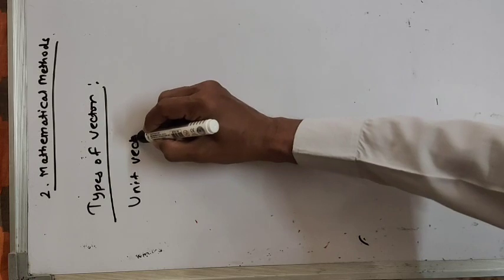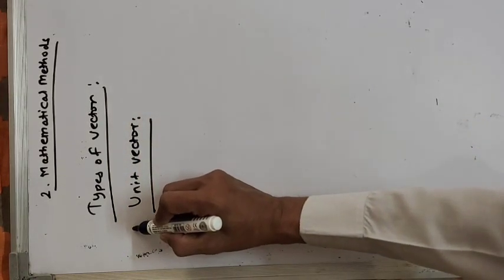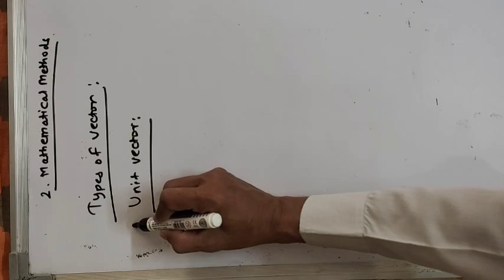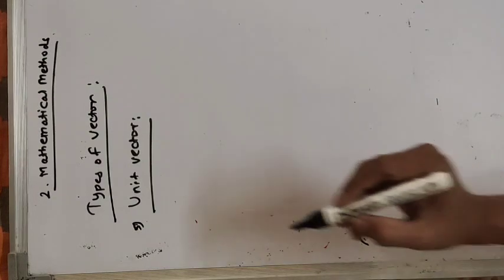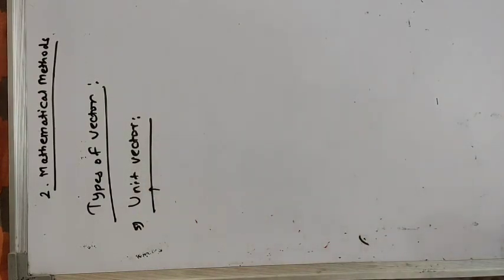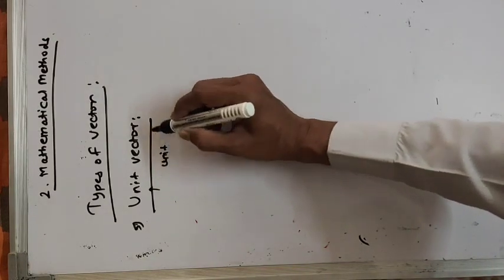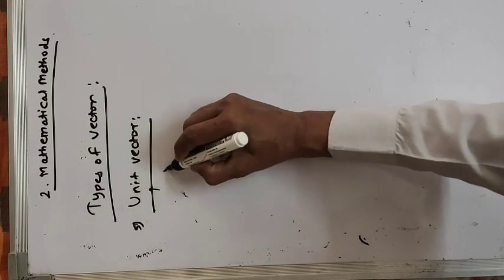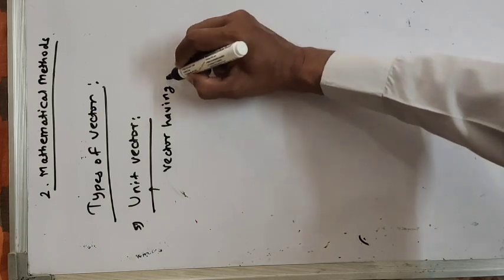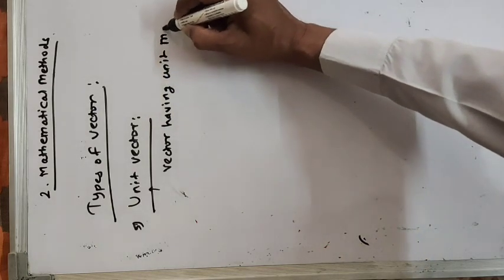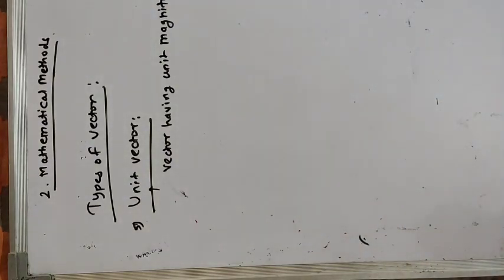The word unit also gives the definition: a vector having unit magnitude is called a unit vector.